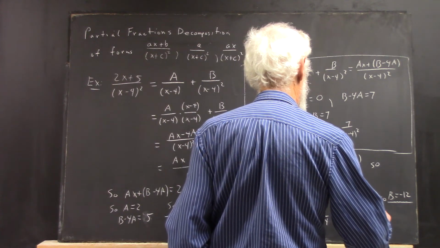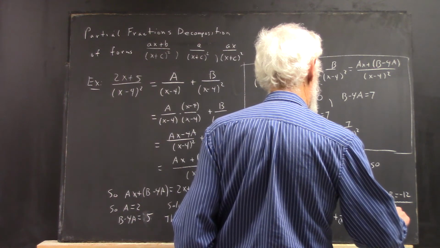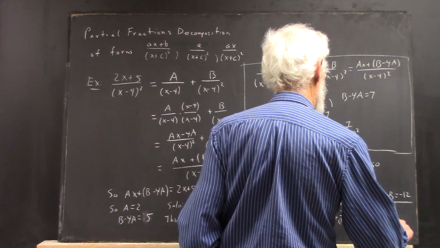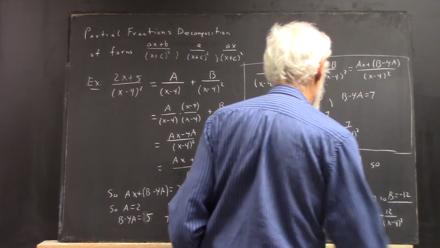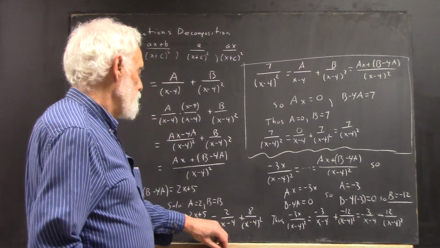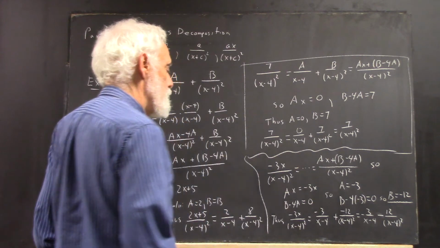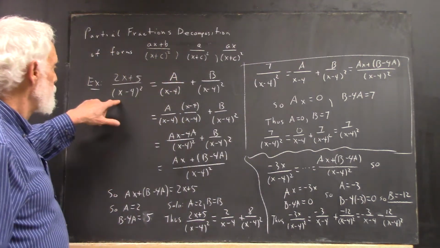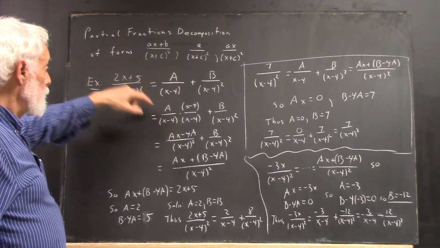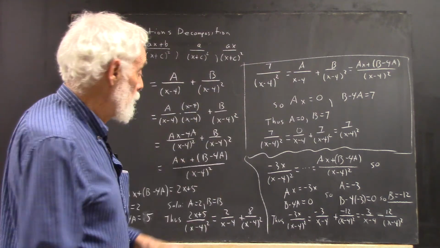Of course, that's negative 3 over x minus 4 minus 12 over x minus 4 quantity squared. So we see that no matter what the numerator is, the decomposition is going to be this, and we just have to match up our coefficients.